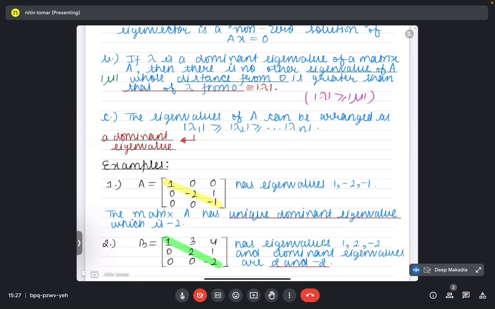And distance of an eigenvalue from 0, okay, let me use another pen. If you are considering this distance of an eigenvalue, then it will be some mod mu. And because lambda is dominant, what does it mean? Mod lambda will be greater than or equal to mod mu. So this is precisely what it means.